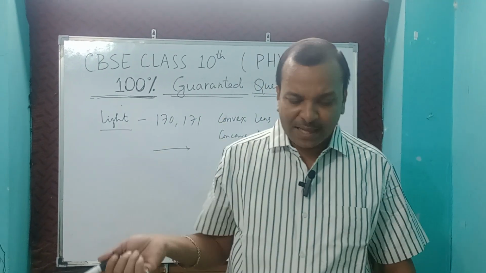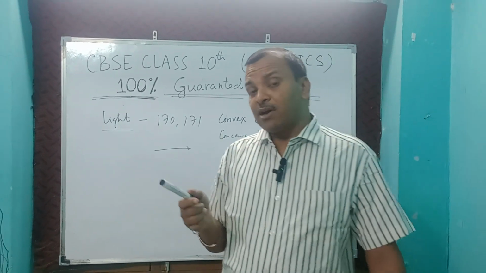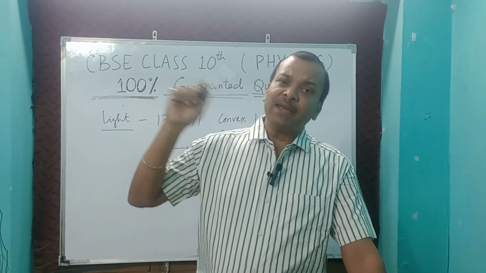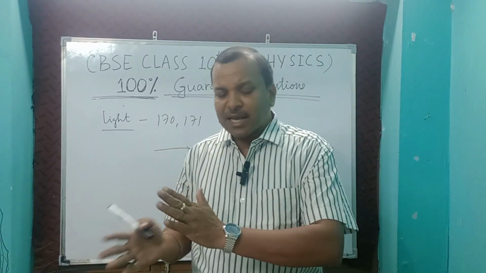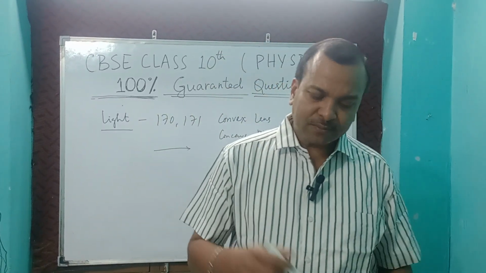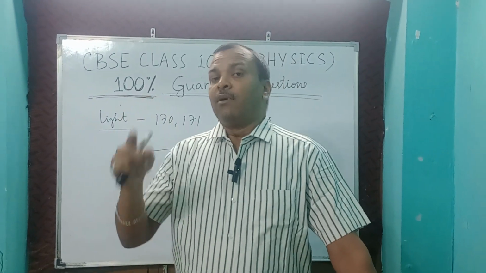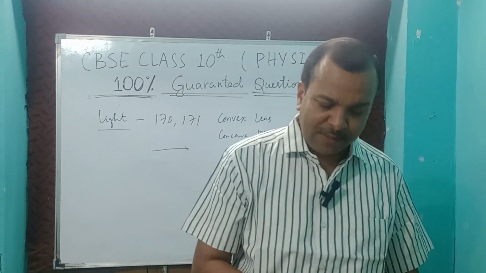Concave mirror ray diagram, and which ray diagram, as we have already discussed, the sixth ray diagram. Just refer to my previous video, that sixth ray diagram is very important. Why? Because in that ray diagram only, that is the one which produces a virtual image.